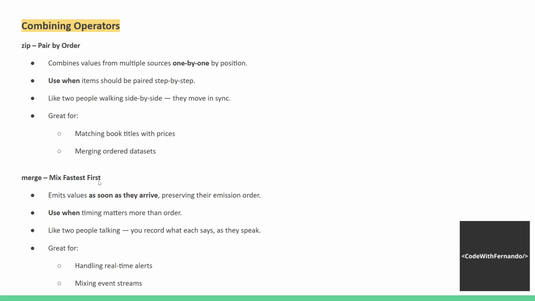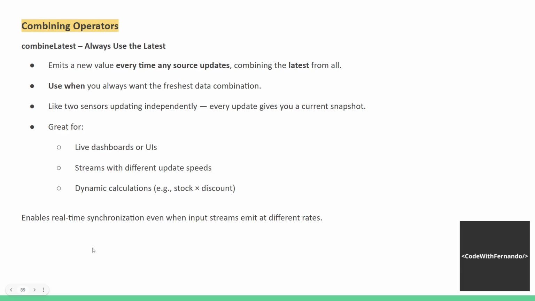Mix fastest first. It emits values as soon as they arrive, preserving their emission order. Use it when timing matters more than order, like two people walking where you record what each says as they speak. This is great for handling real-time alerts and mixing event streams.